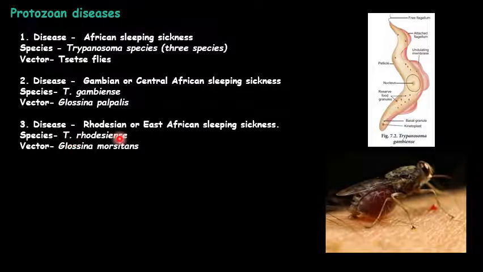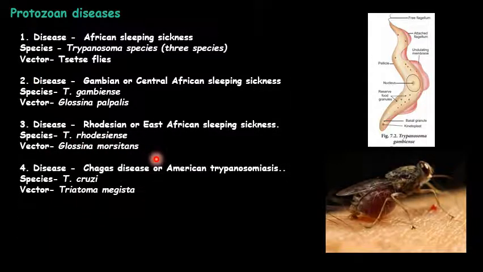And then we have Rhodesian or East African sleeping sickness, which is caused by Trypanosoma rhodesiense, and the vector for this species is Glossina morsitans. And we have the final one, which is Chagas disease or American trypanosomiasis, which is different from these three.